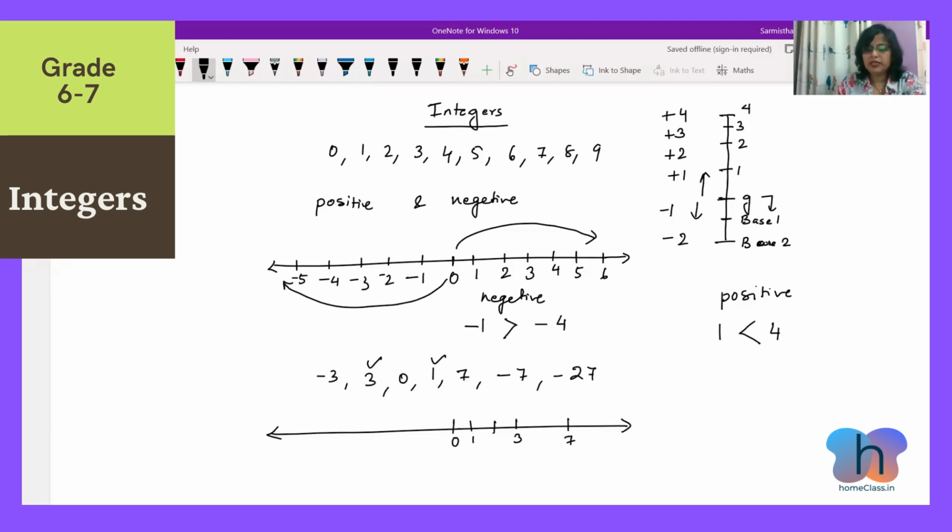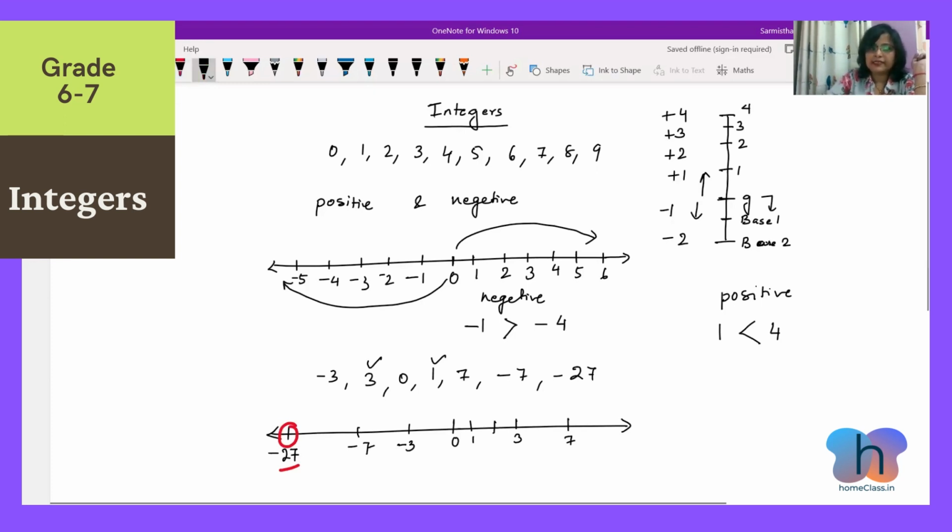Now we need to draw negative numbers as well. So let us draw -3. This is our -7, and somewhere here is -27. Now see, -27 is the smallest number out of the numbers given. Why? Because it is a negative number, and the bigger the digit, the smaller the number.